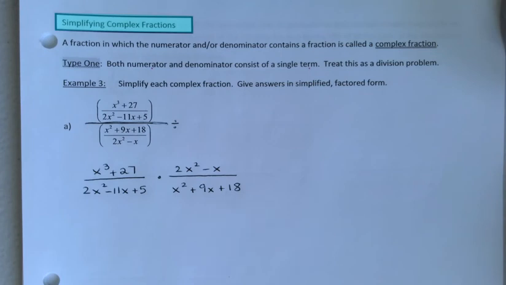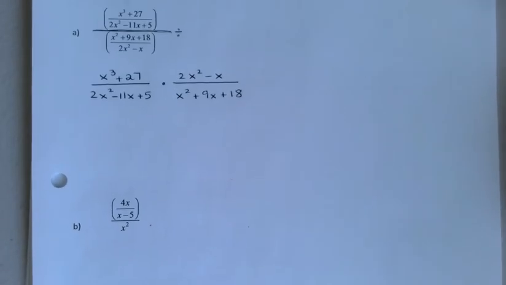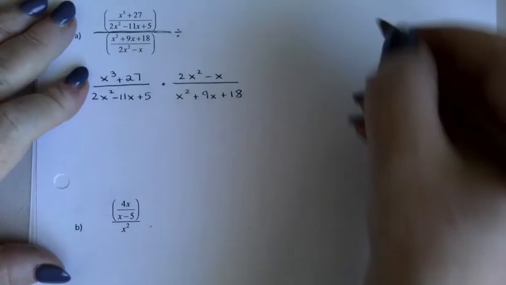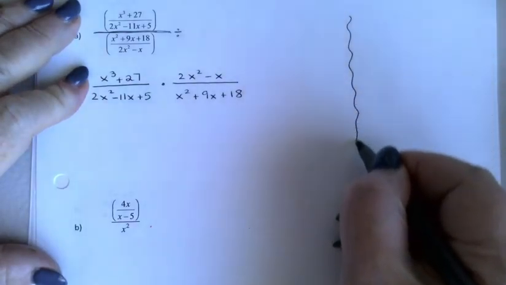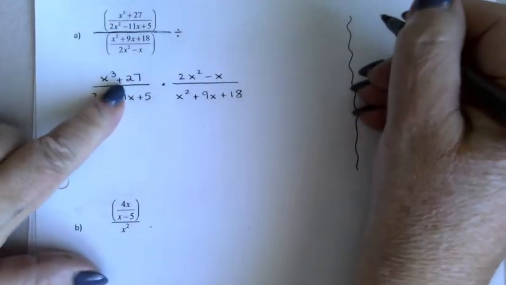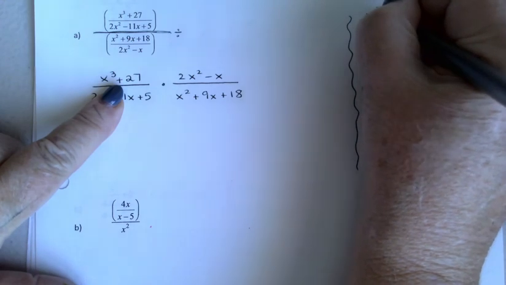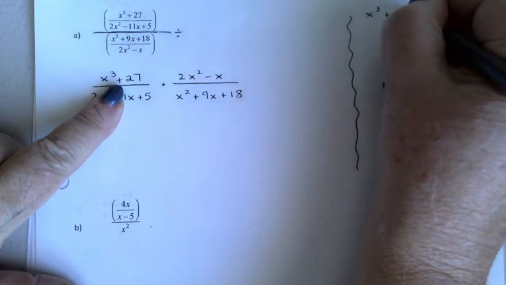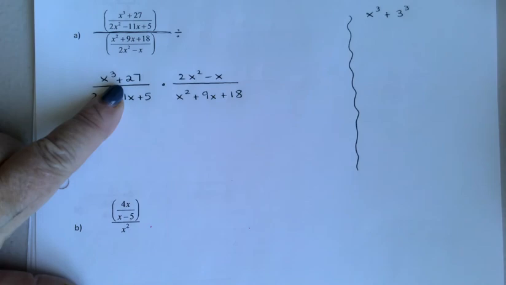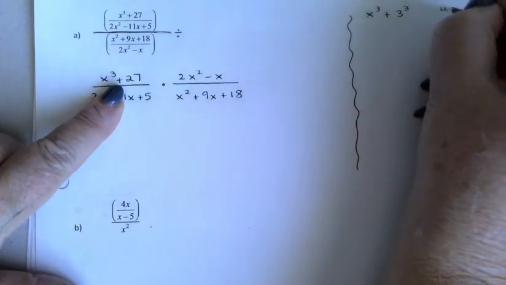All right, well, let's go ahead and see what we can factor here, because that's what we'll need in order to simplify. I will make my space for factoring over here. The x cubed plus 27 is x cubed plus 3 cubed. So I'm going to do my sum of squares with a u equal x.